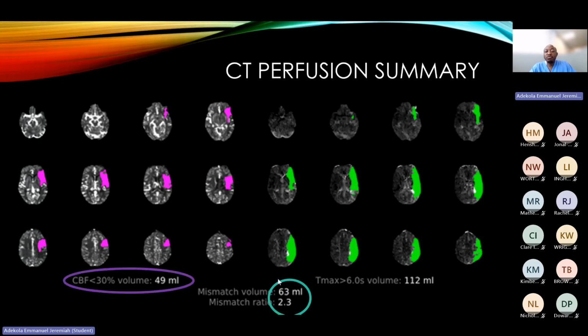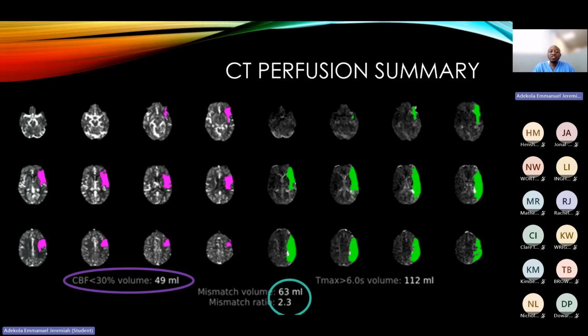And for us to be able to make a decision, we need to consider both, as in this case, the cerebral blood volume at 30% threshold, which is what is used, is 49 mL in this patient, which means it's less than 70 mL, and Tmax, which is the green part here, is 112 mL.